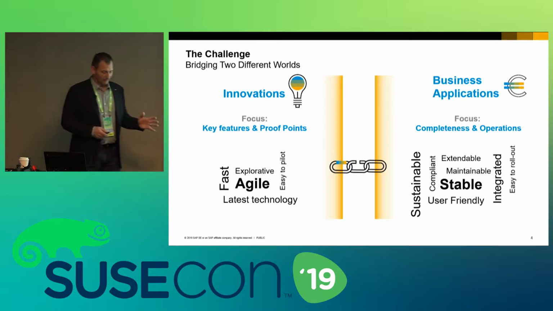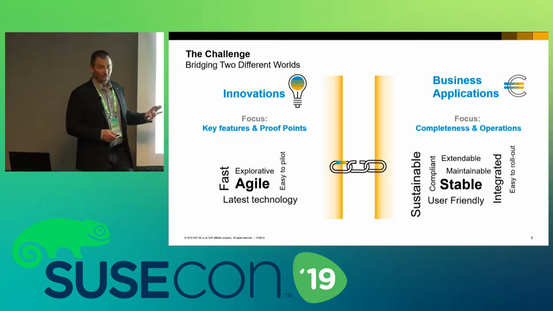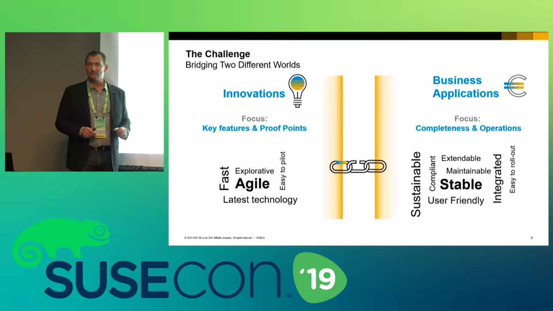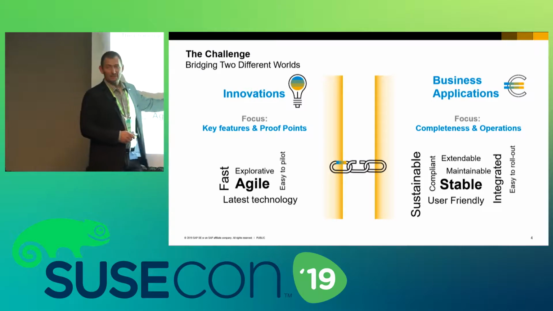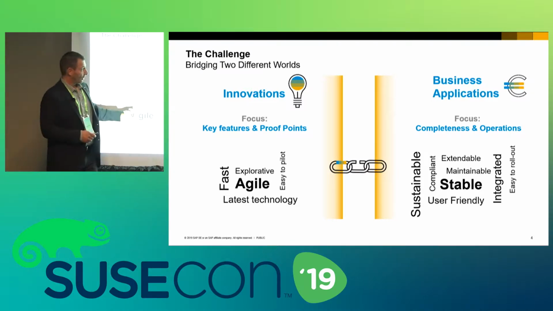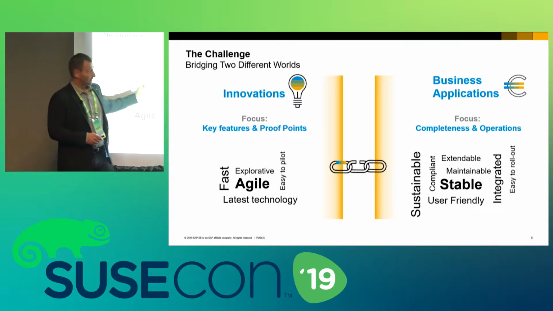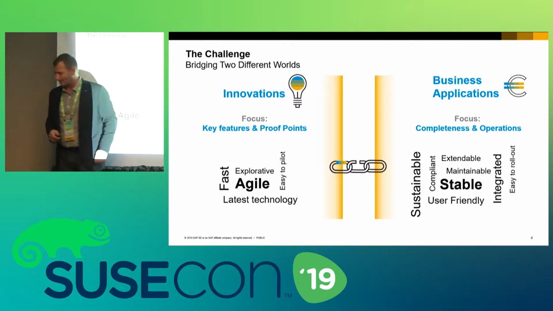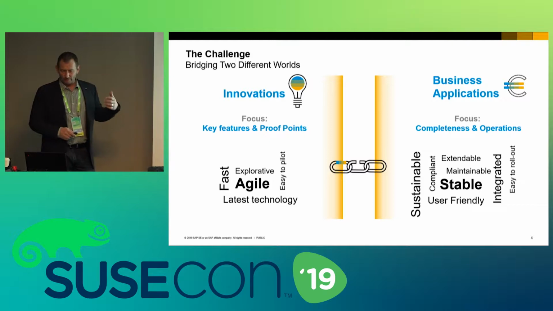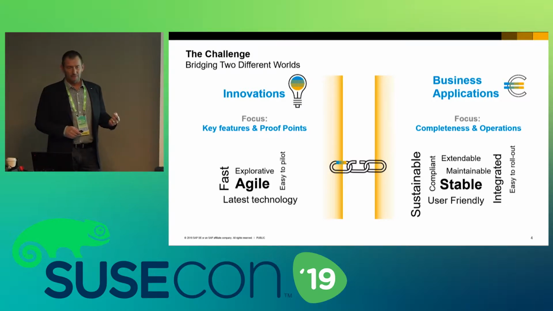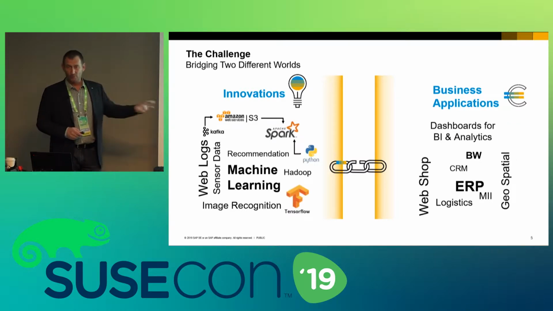What I see a lot is a divide between two different worlds within our customers. It's on one side where innovation is driven, and the other side where business applications are managed. I often call it the hoodies versus suits syndrome. They are very divided, not just from a process perspective and business focus perspective, but also from a tools perspective.